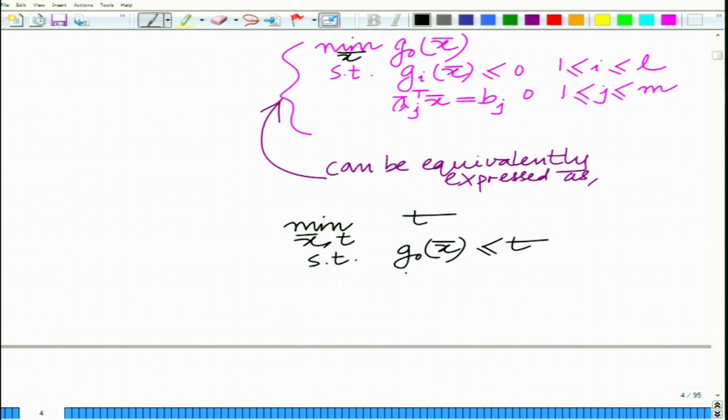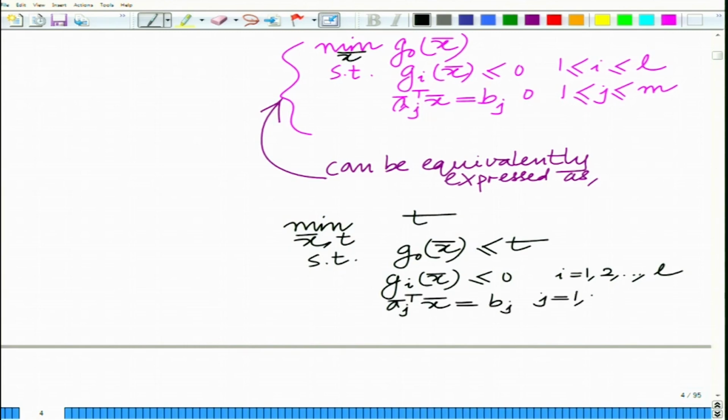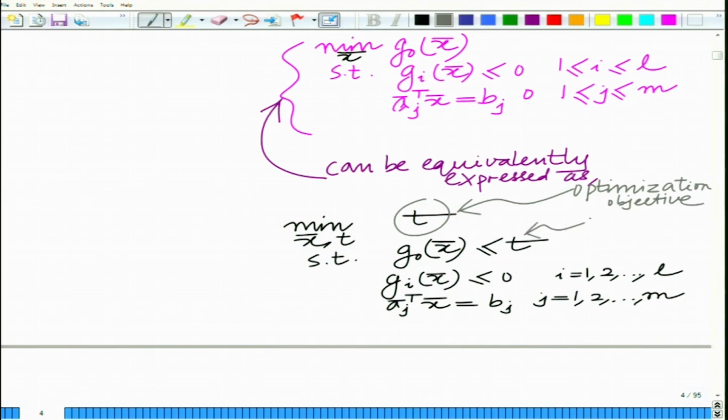And the rest of the constraints remain the same, that is g_i(x bar) less than or equal to 0, i equals 1 up to L, and a_j transpose x bar equals b_j, j equals 1 up to m. So, these constraints remain the same. My optimization objective now becomes simply t, and I have one additional constraint.